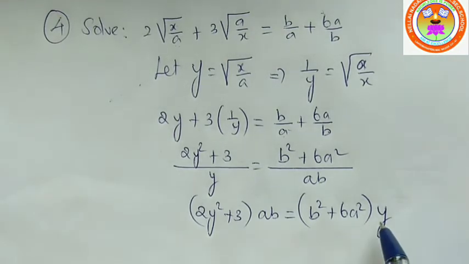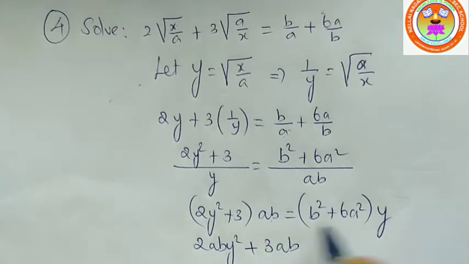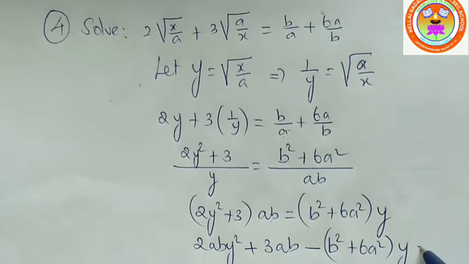If we bring this term to this side and multiply ab inside, we get 2ab into y square plus 3ab. Taking this term to this side, it becomes negative, so minus (b square plus 6a square) into y, which is equal to 0.